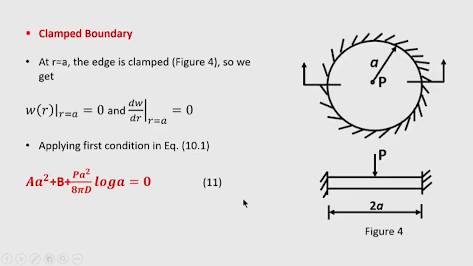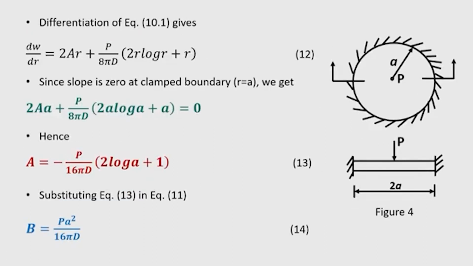So, using this we obtain the first derivative of this expression as 2 A r plus P by 8 pi D into 2 r log r plus r. So, you can see here this expression is the result of the differentiation of r square log r. After differentiation of r square log r, it has decomposed into two terms.